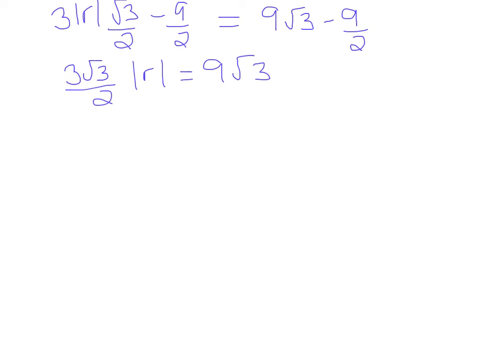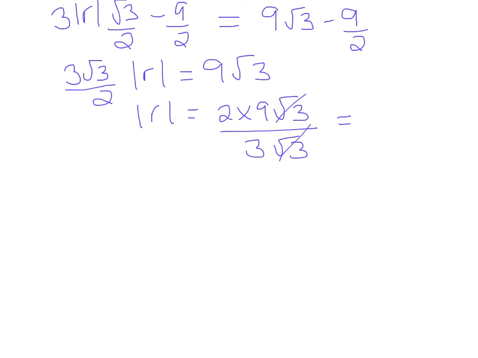Then we're going to multiply both sides by 2 and divide by 3 root 3. 2 times 9 root 3 over 3 root 3. 18 over 3, which is 6. Therefore the magnitude of R is 6. Hope that's helpful.